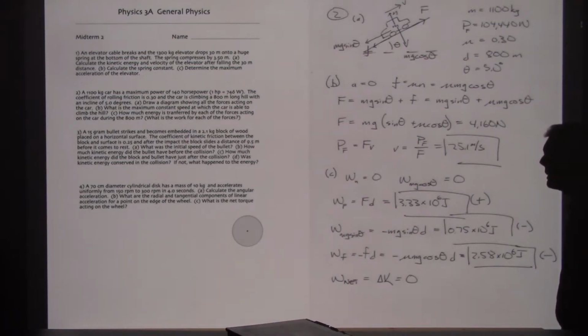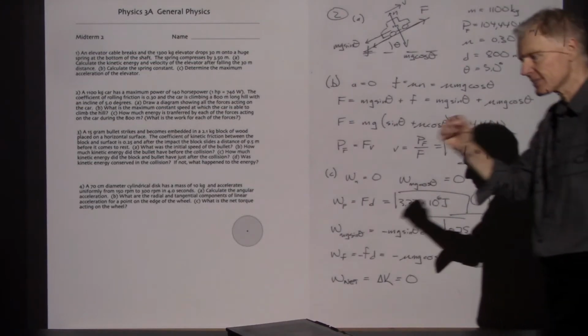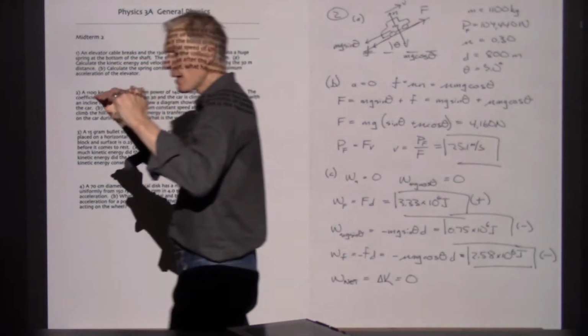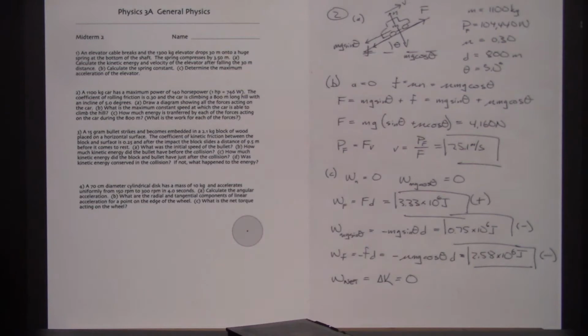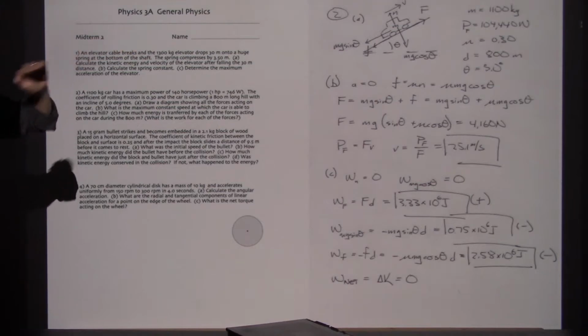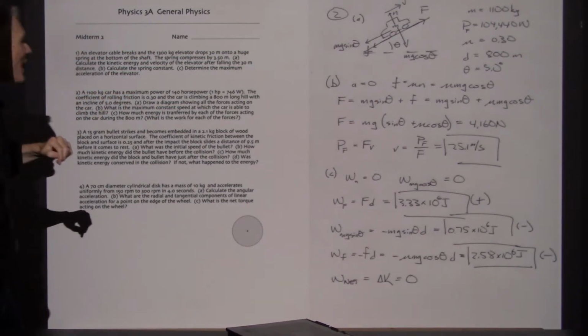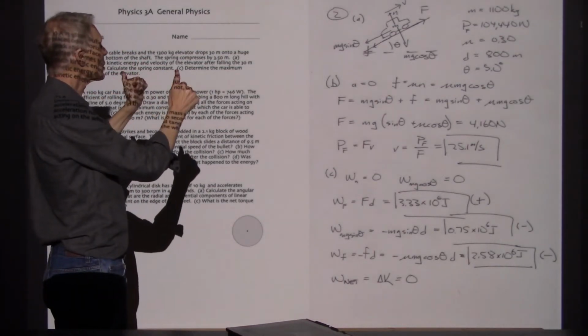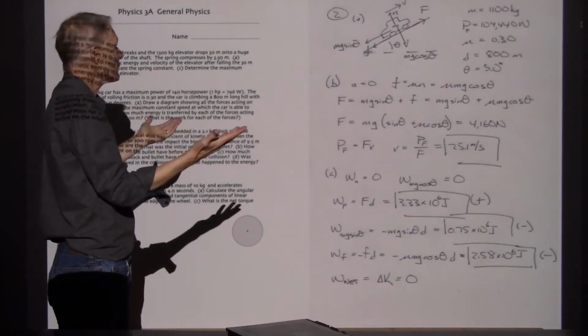So in part B, it says, what's the maximum constant speed at which the car is able to climb the hill? So the idea is, you hit the accelerator pedal, you're right at maximum power, and you start picking up speed, but then you top out. So there is some speed at which you top out, and at that point, you're traveling at a constant speed, the acceleration is 0, and that means the forces are balanced.